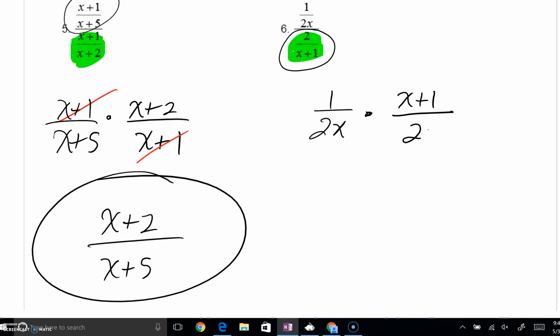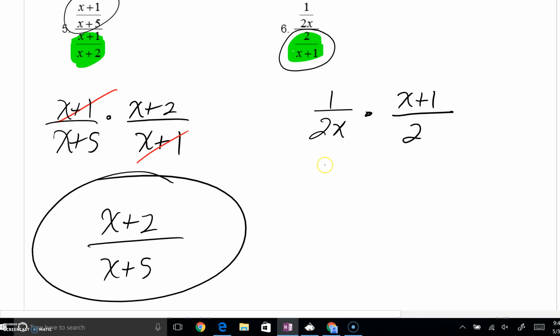This is where we've got to be very, very careful. Does anything cancel? No. Please be aware that not every problem will have something cancel out. I think very often kids will look at a problem like this and say, well, something's got to wipe out. It's got to be the 2's.